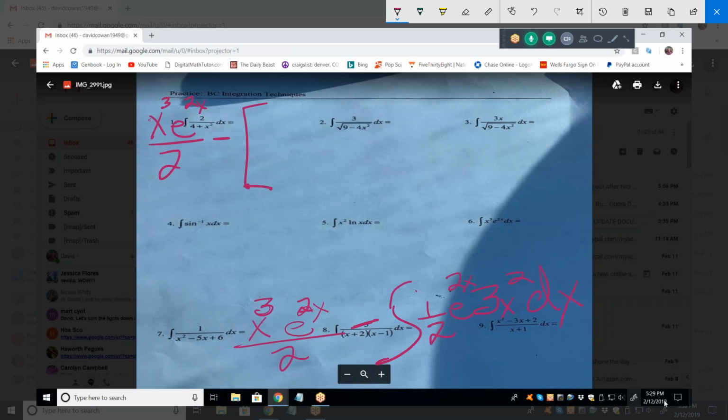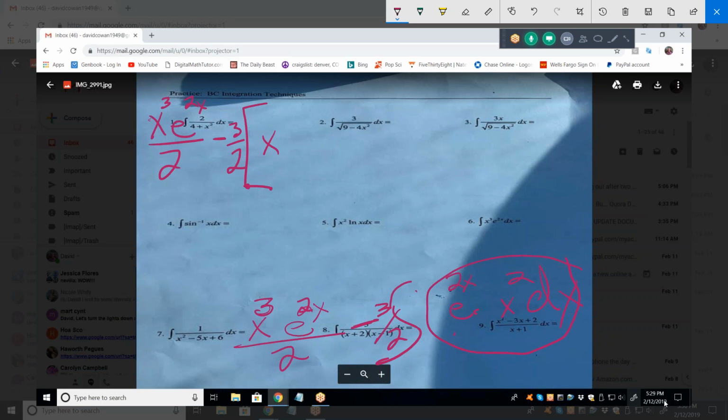To make things a little easier, let's take that 3/2 outside the integral sign. You can always take numbers out, but you can't take variables. So then u would equal x squared, and now we do the whole thing based on that.